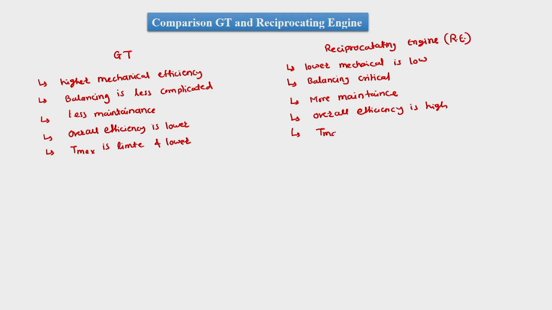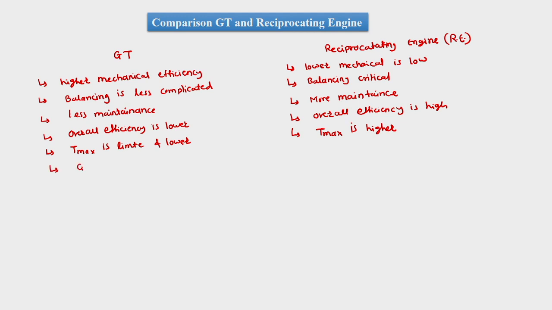Hence, reciprocating engines have higher Tmax than the gas turbine engines, and since Tmax is higher, they have higher overall efficiency in operation than gas turbine engines.